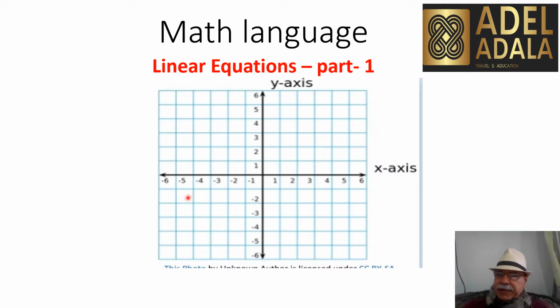We have here the x-axis and this y-axis. We have four directions: this one is positive x, this one is negative x, this is positive y, and this is negative y. That's why we have four directions.